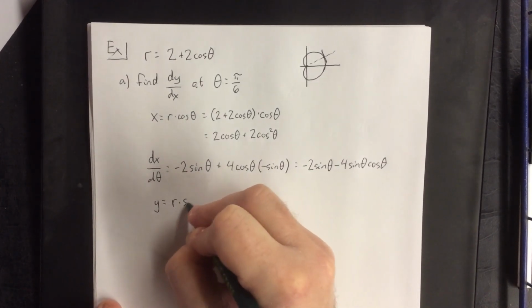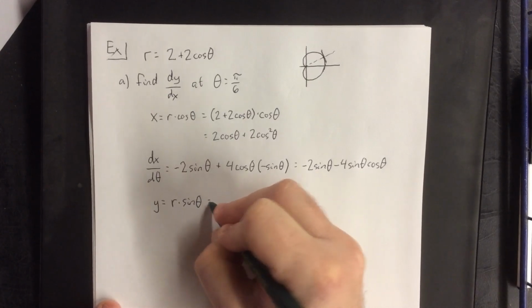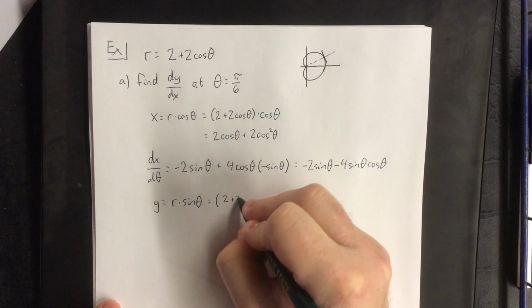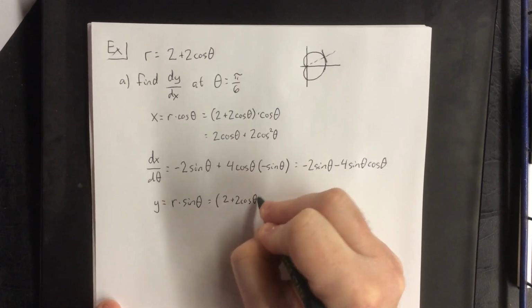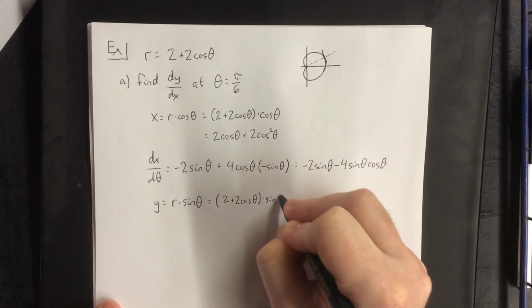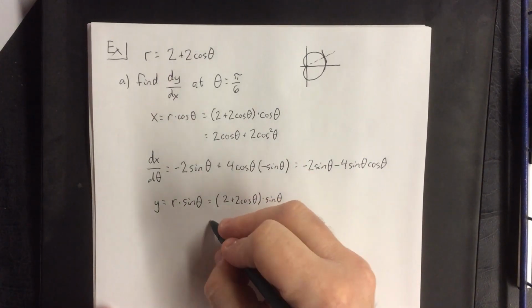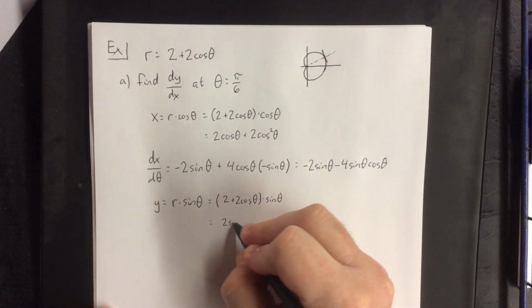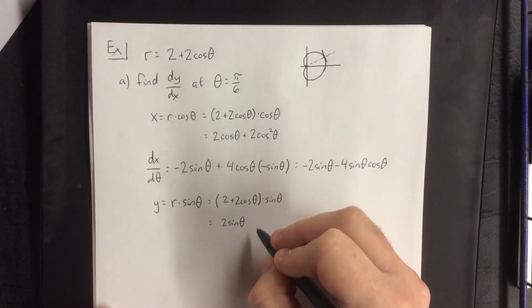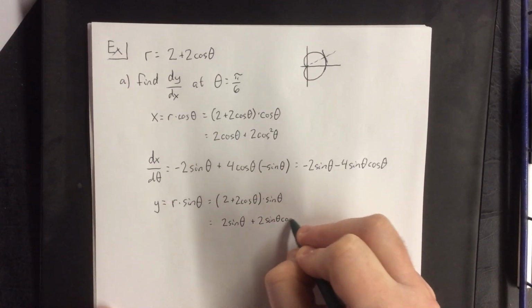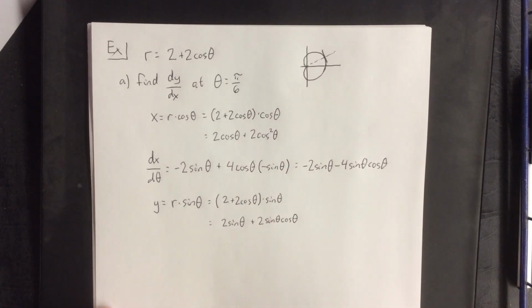y is equal to r times the sine of theta. If we substitute in what r is equal to, that'll give us 2 plus 2 times the cosine of theta times the sine of theta. Once again, I'm going to distribute that through. So 2 times the sine of theta plus 2 times the sine of theta times the cosine of theta, just reordering it.